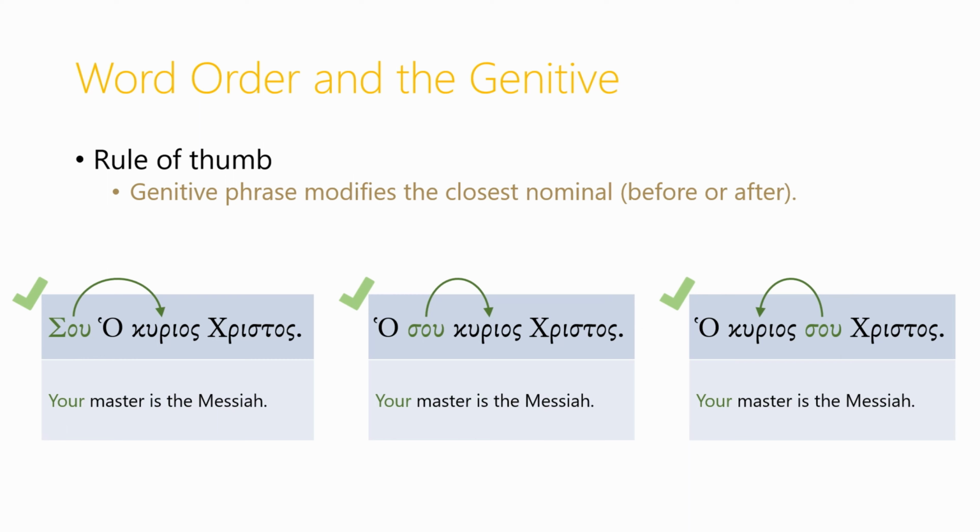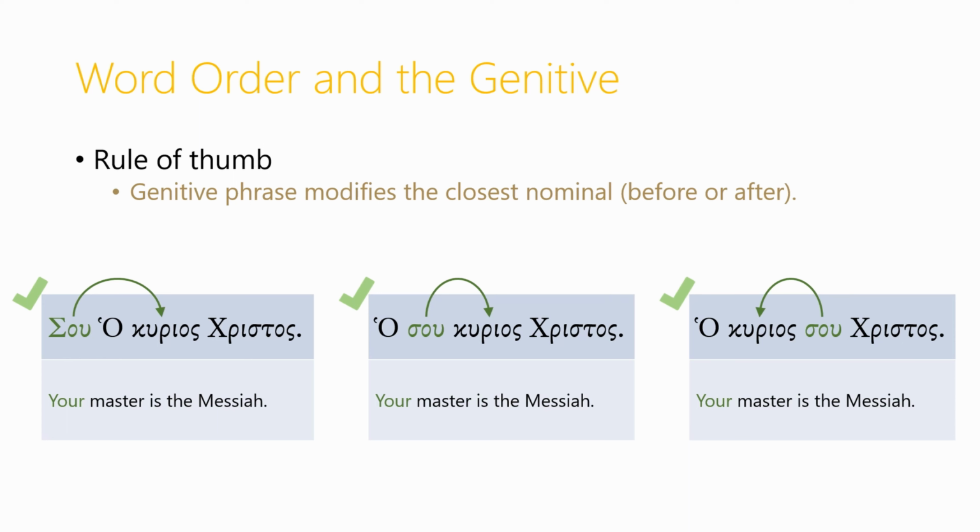The important thing is to be thinking about how clear your placement of the genitive is. And when you're reading Greek literature, when you're reading the New Testament, you'll find that by and large, this rule of thumb works, but that there are some cases in which you have to search around to find a lead nominal for a genitive phrase that makes sense.